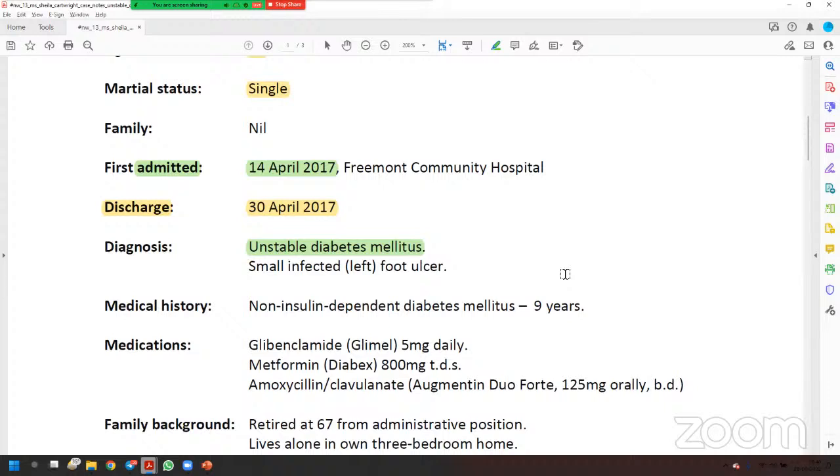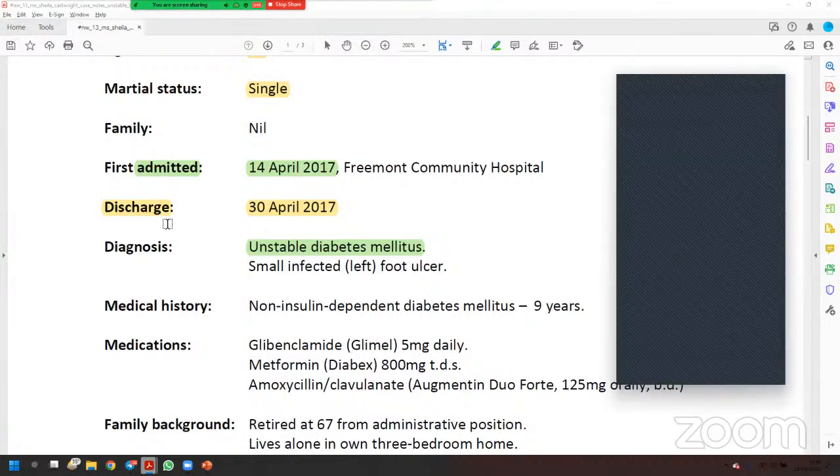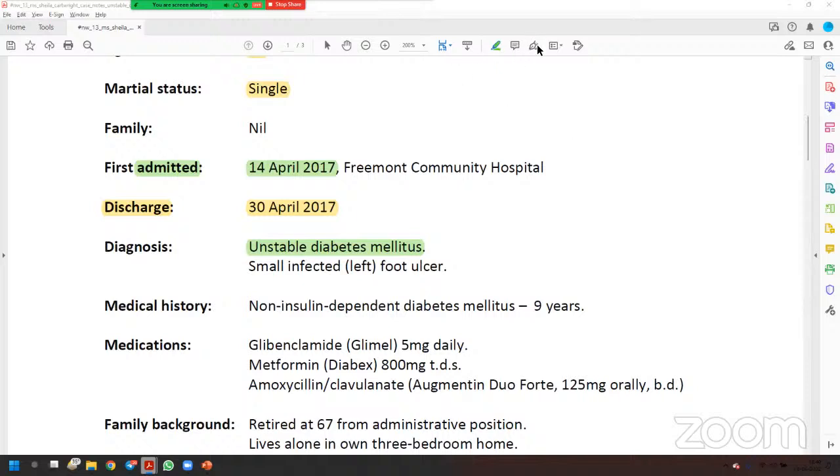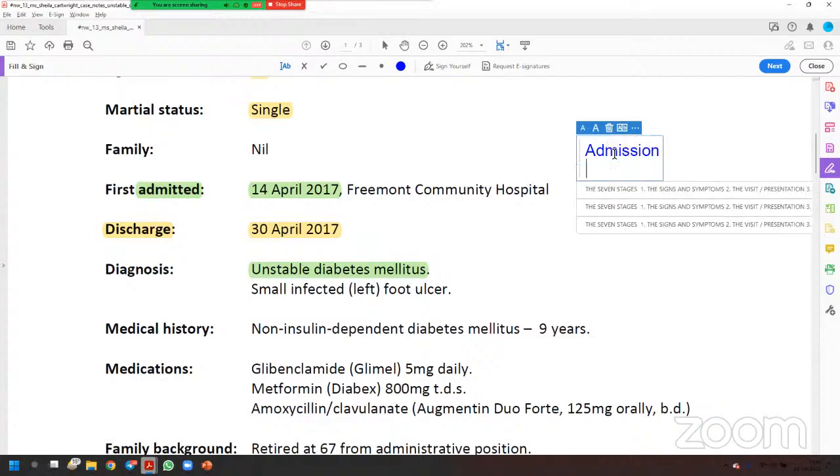So for this one, what was given? How you are going to write this is very important. Let us make some points here. Number one is admission.